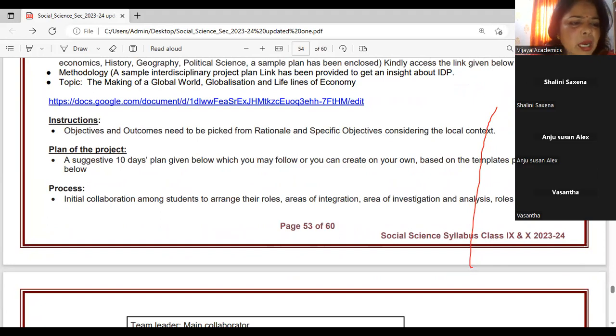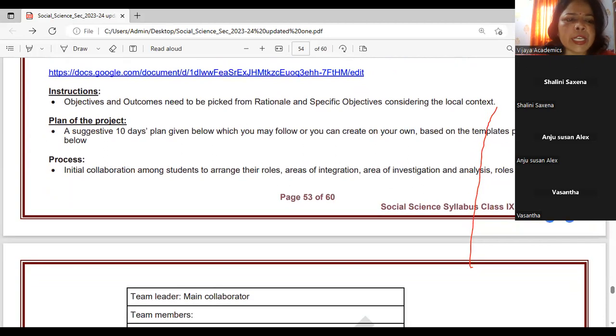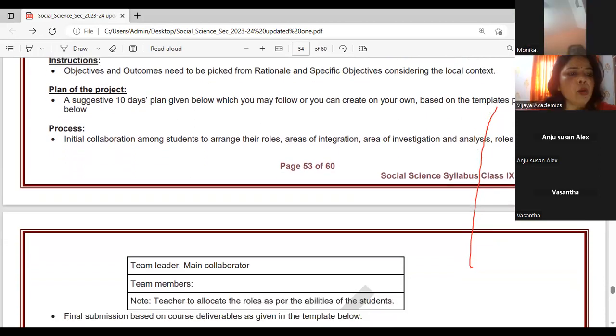Just now I have shown you the topic, the making of a global world, globalization and lifeline of economy. We have discussed that. Now instructions are given. Objectives and outcomes need to be picked, rational and specific, considering local context. Now, what is the plan?